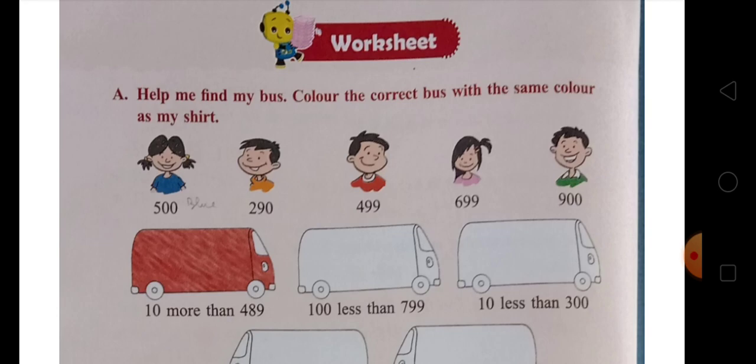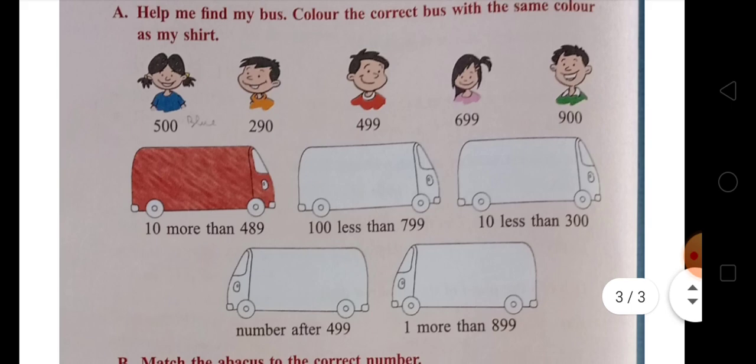Okay, you can see here that the first bus is colored red and written here is 10 more than 489. When you add 10 to 489, that will be 499.